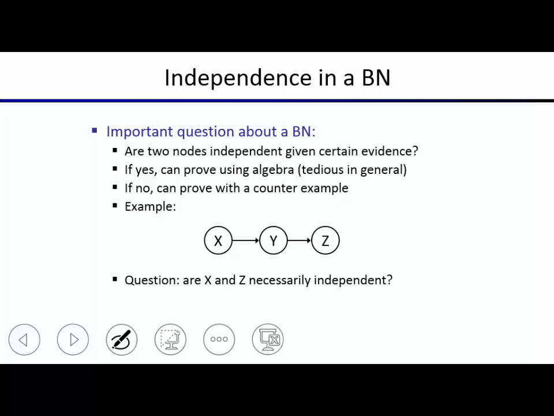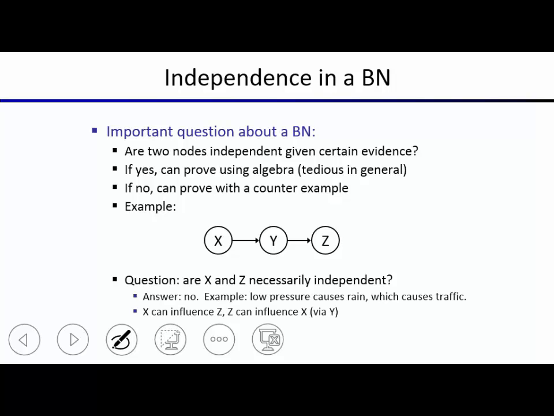And so I just showed that when you give me this graph, it's not necessarily true. In fact, in general, it will not be true that x and z are independent. Sometimes you want to think of a story behind it to make it easier to come up with that example. But ultimately, all you need is just something that shows this is not necessarily true.